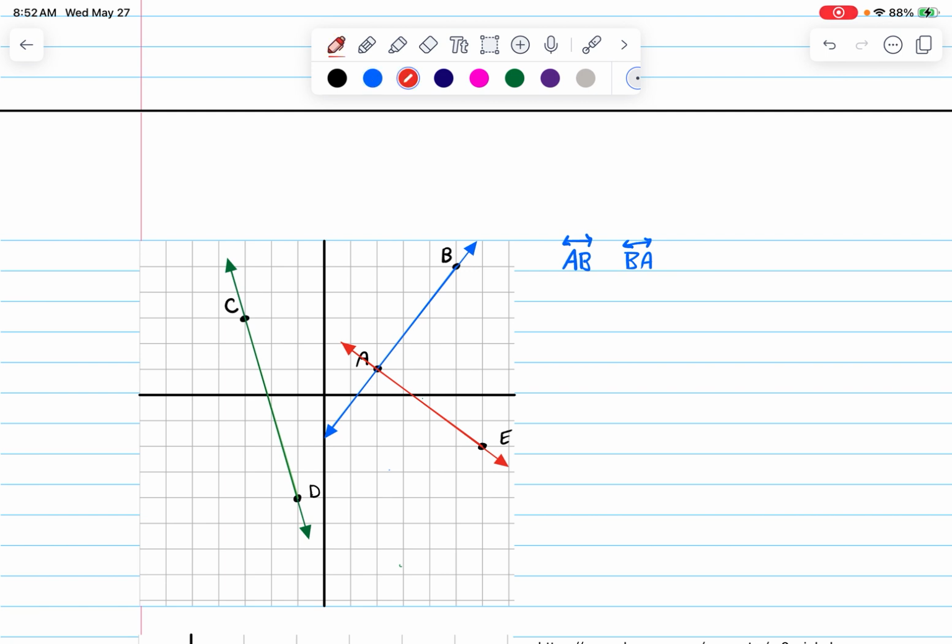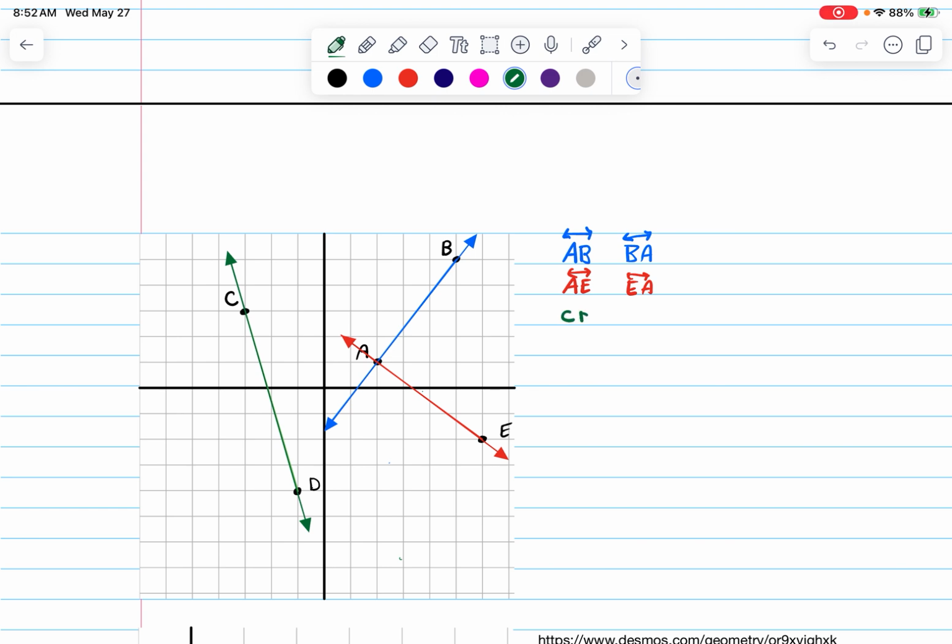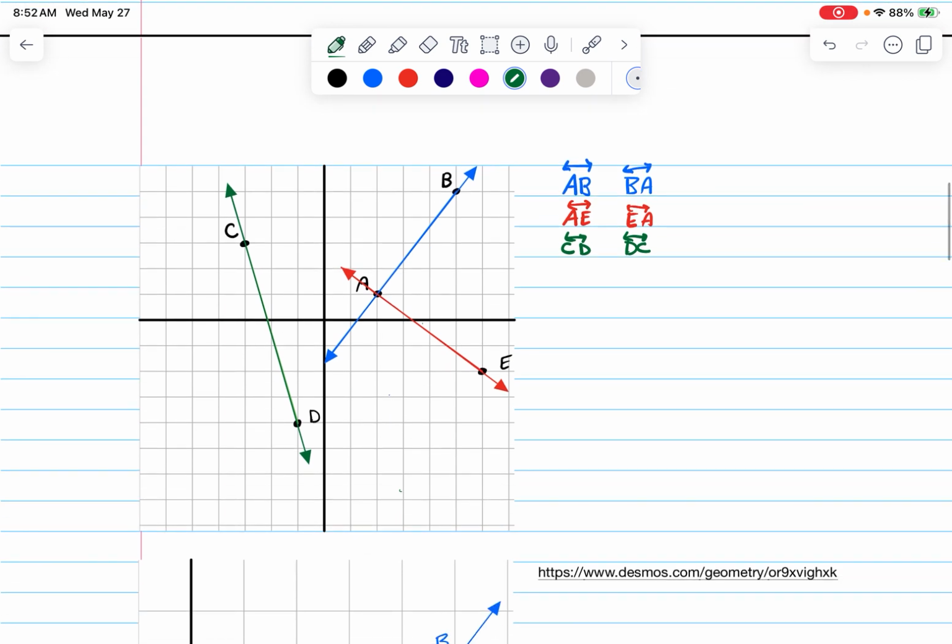Now, if you're talking about the red line, you've got AE, or EA. And then finally for the green, you've got CD or DC. And the order doesn't matter on these.